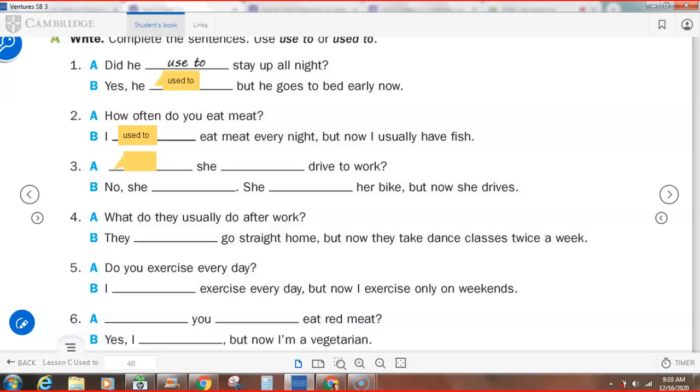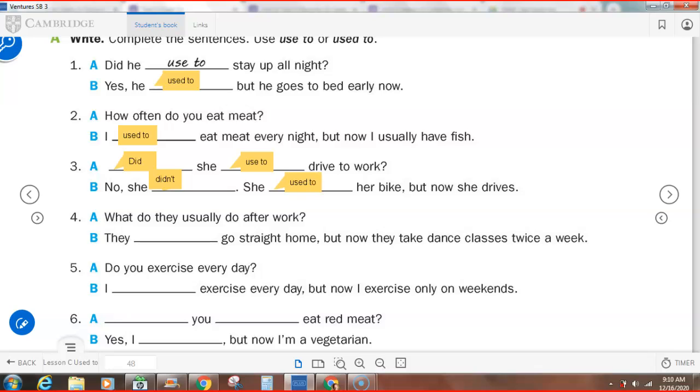Did she use to drive to work? D or no D? No D. Good. No, she didn't. She used to ride her bike.